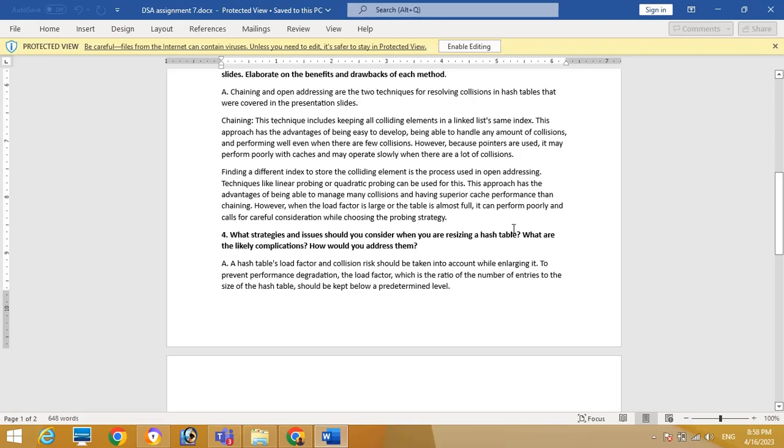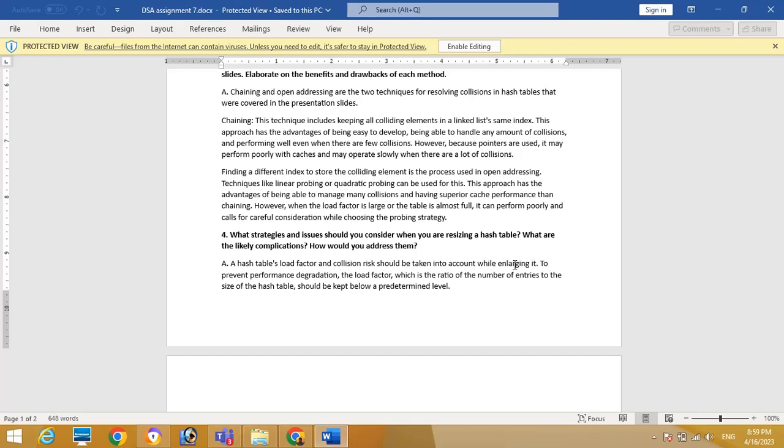But when the load factor is large or the table is almost full, it performs poorly and calls for careful consideration while choosing the probing strategy.